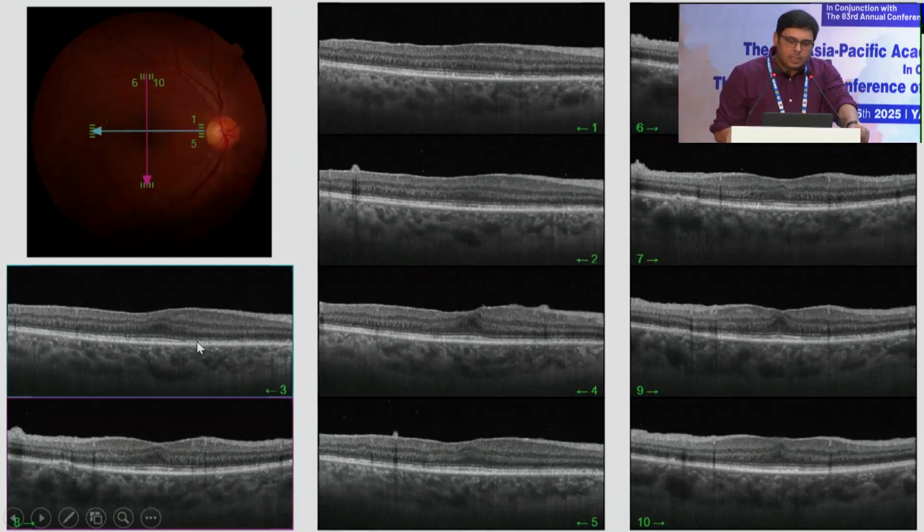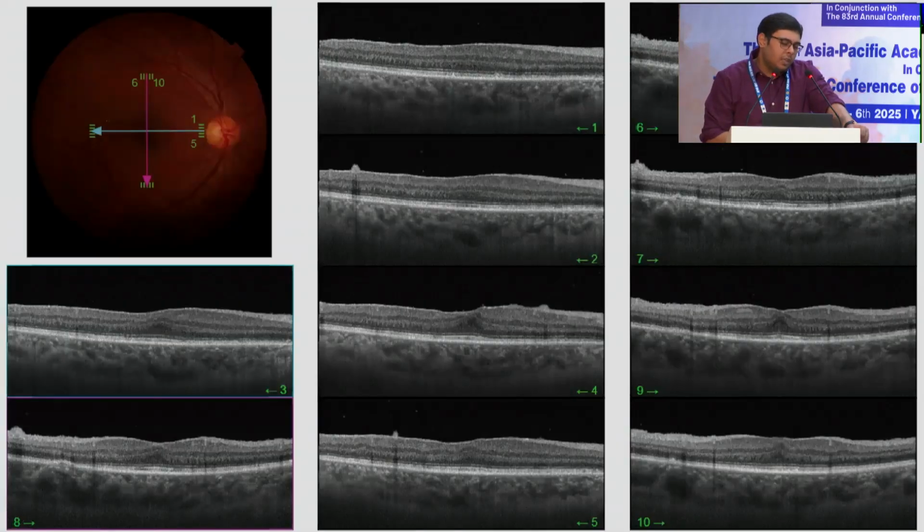This is 3 weeks post-op, the right eye. He's doing pretty good now. He's 6/6 partial, and with correction, he's 6/6 now.